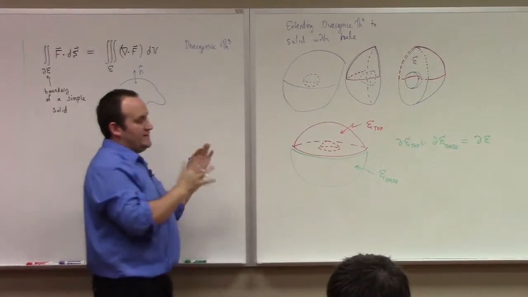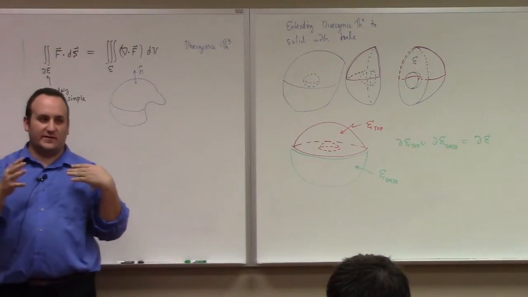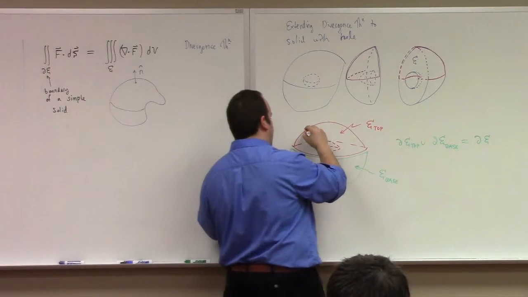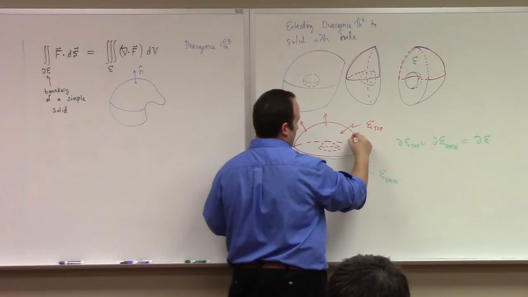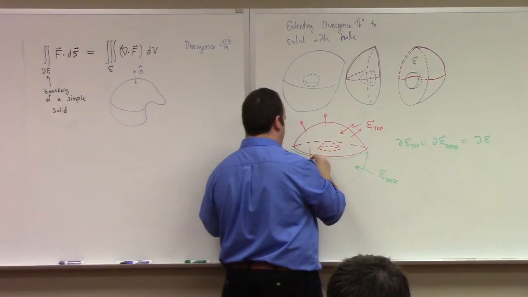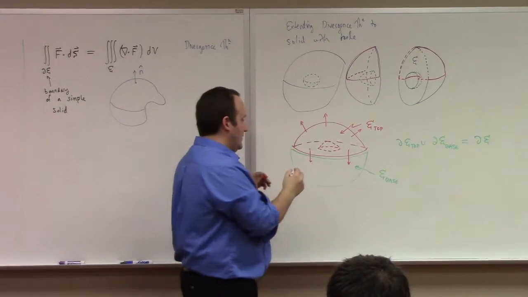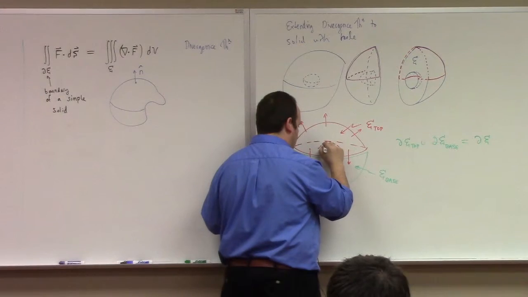Yeah, I'm assuming that the top piece and the bottom piece are both positively oriented, right? Which means that they have the normal vectors looking like this, right? So down here, and so forth, inside the hole.